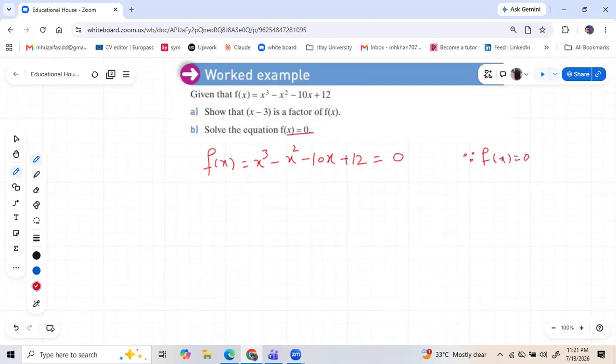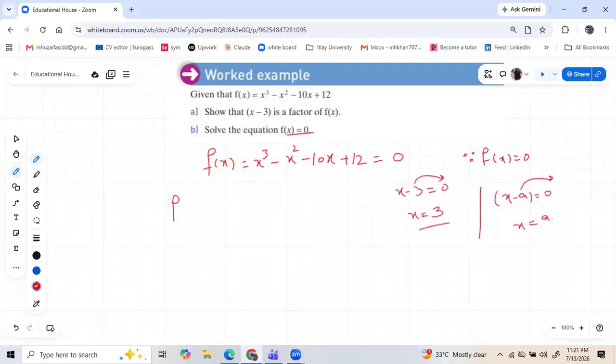Got it? Yes. Show that x minus 3 is a factor of this. So here, I'm setting x minus 3 is equal to 0, and you know, when we move minus 3 to the other side, this is x is equal to 3, and now we are replacing x is equal to 3, because you know, we are moving to our factor theorem, and our factor theorem is what? x minus a is equal to 0, and we move minus a to the other side, so x is equal to a, and in this case we are making x equal to 3.